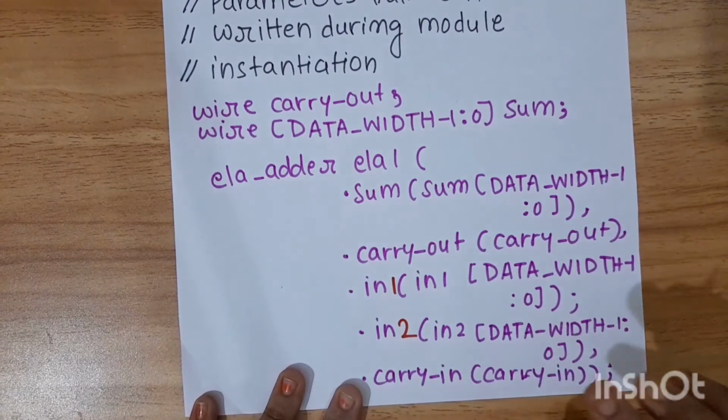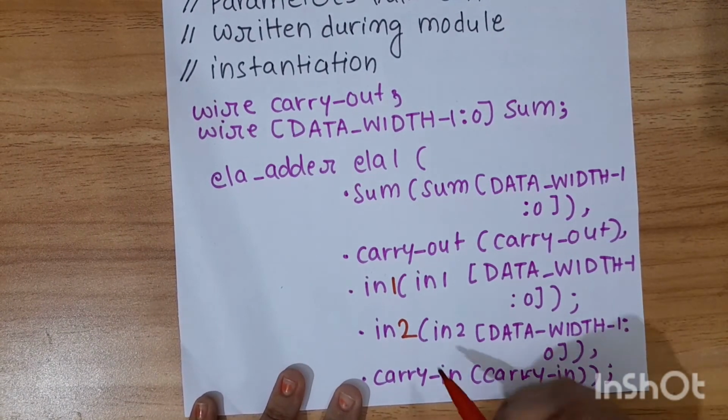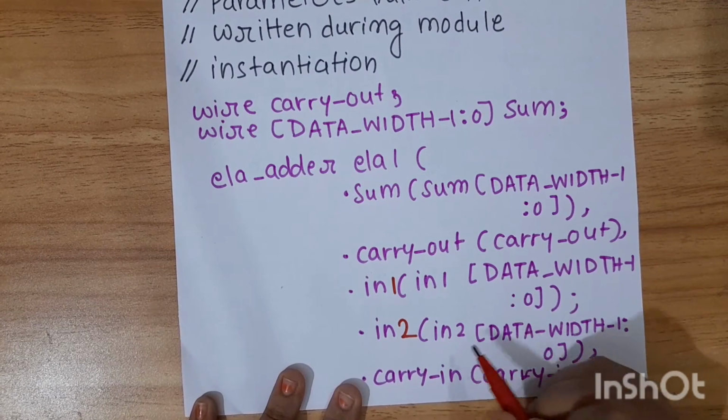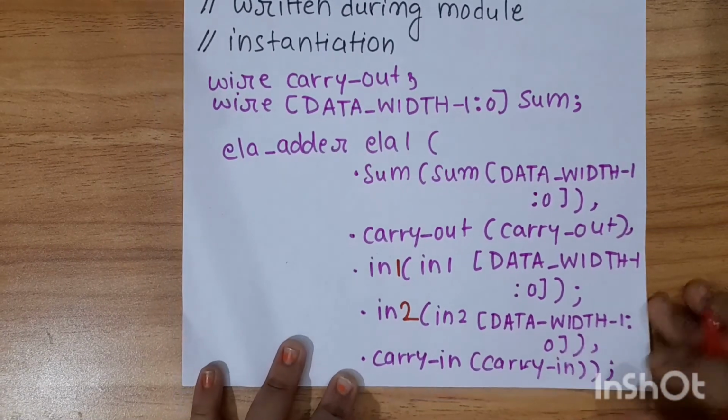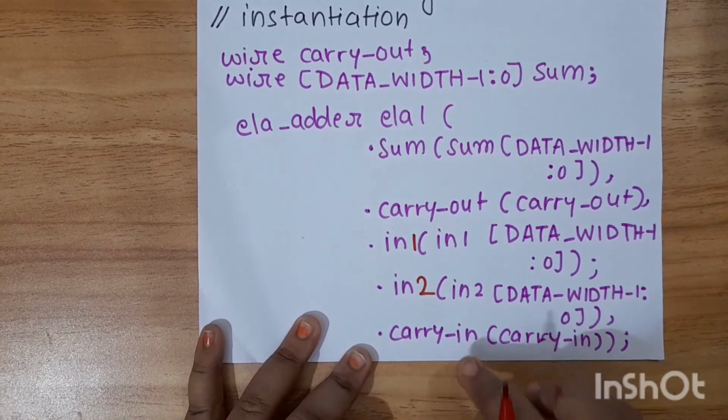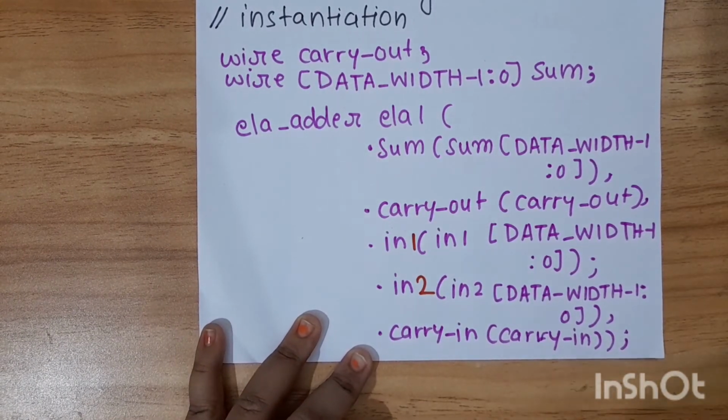These are the ports of that CLA adder, and they are tied to the test bench's in2[data_width-1:0]. Then there is a carry in that is also in the port list of the CLA adder, tied to the carry in of the test bench.